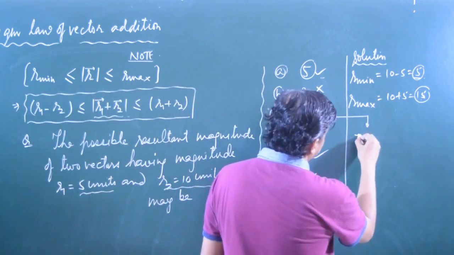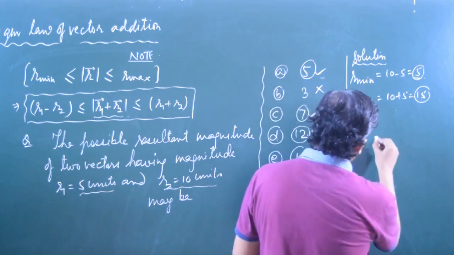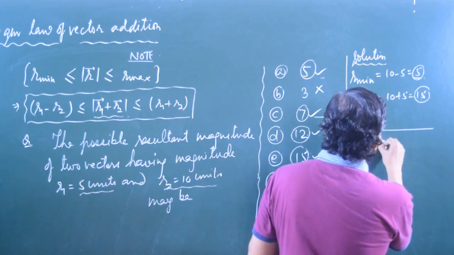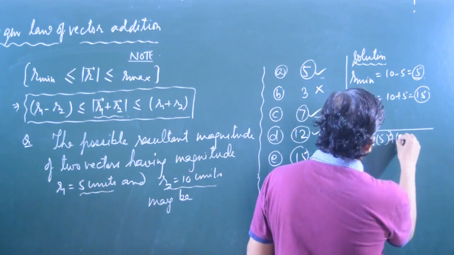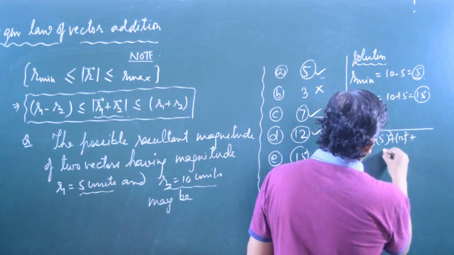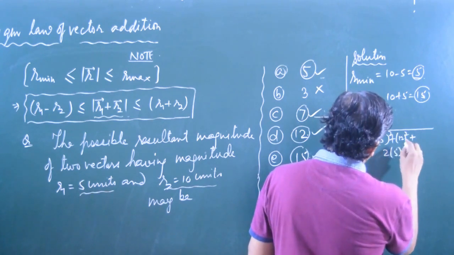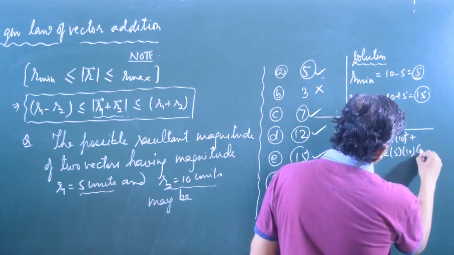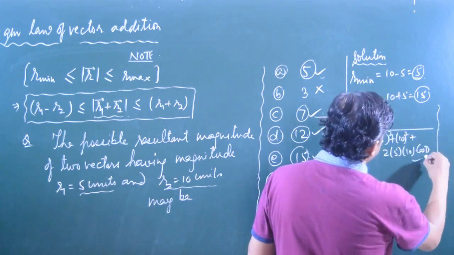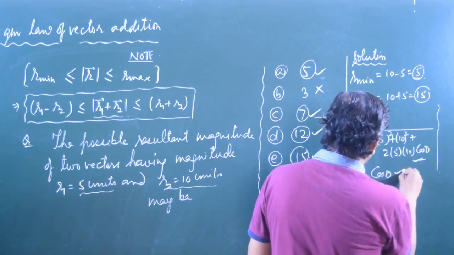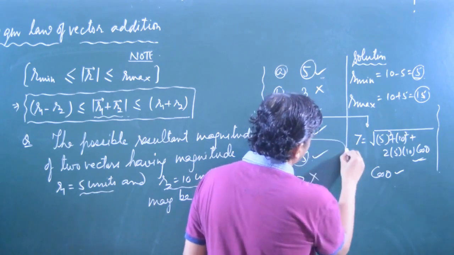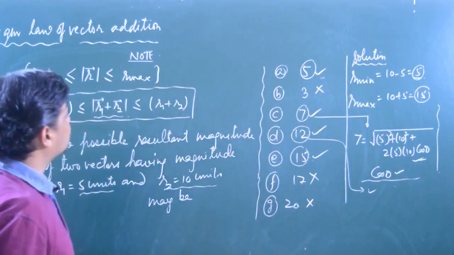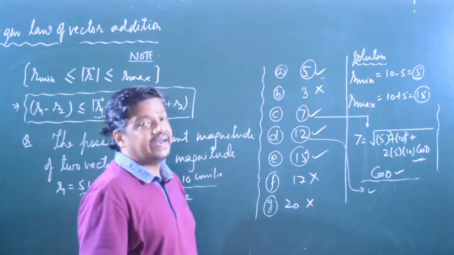So resultant 7 is equal to the square root of R1 square, so 5 square, plus R2 square, plus 2 R1 R2 cos theta, with 5 and 10. So using this you may get the value of cos theta. Similarly for 12 also you may get the angle. Okay, so this was the parallelogram law of vector addition.